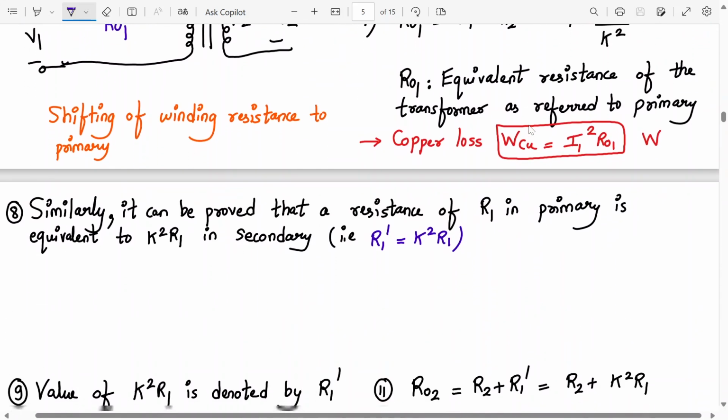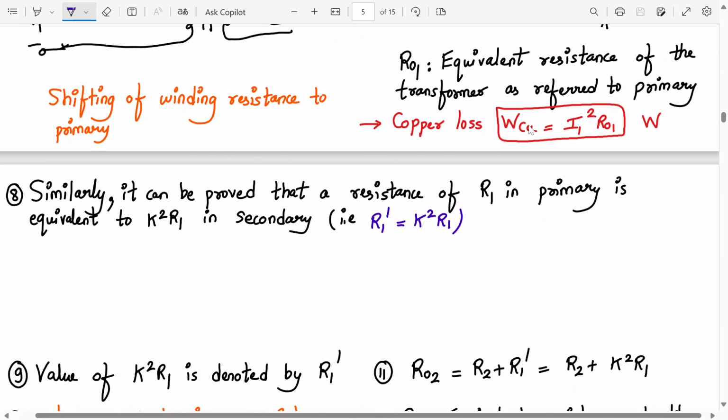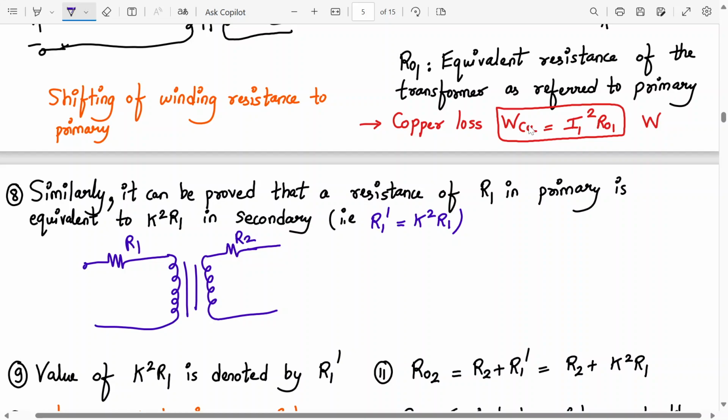Now, similarly, it can be proved that a resistance R1 in the primary is equivalent to K square R1 in the secondary. That means now the other way around. Let's say you have the two resistances R1, R2.